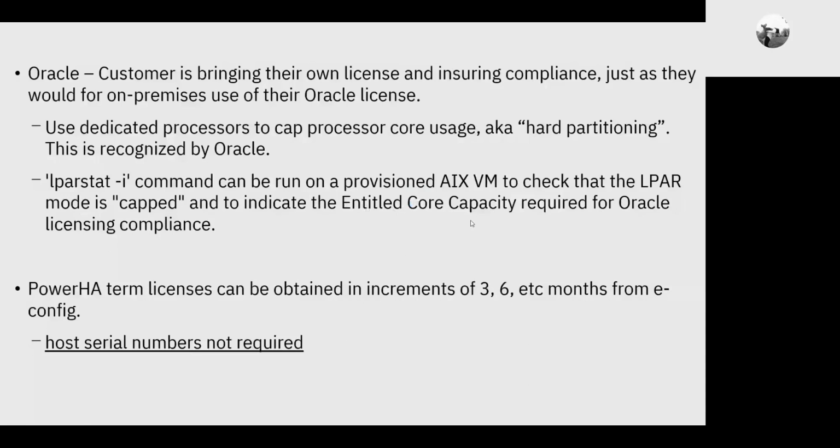That's not a good solution because that's uncapped. If you remember in the demo, nowhere did it ask me to create a shared processor pool. All shared processor partitions go into the default pool and it's uncapped. So not a good solution if I want capping. So instead what I would do for Oracle is I would use dedicated processors because that is capped.